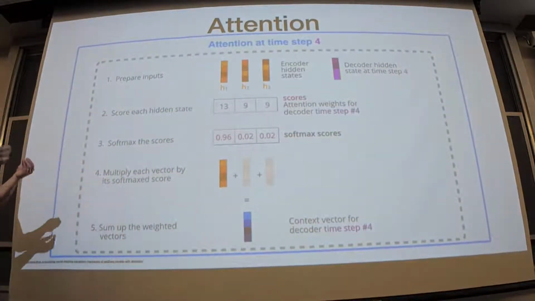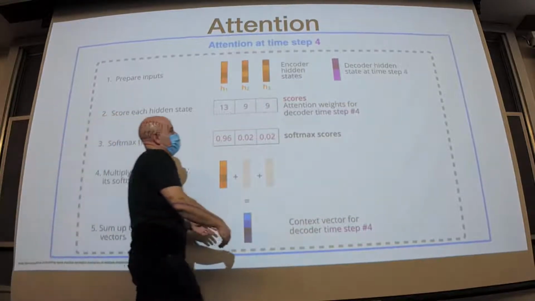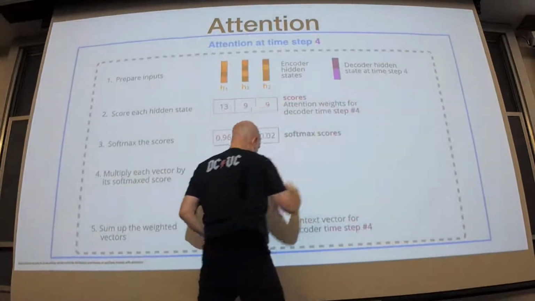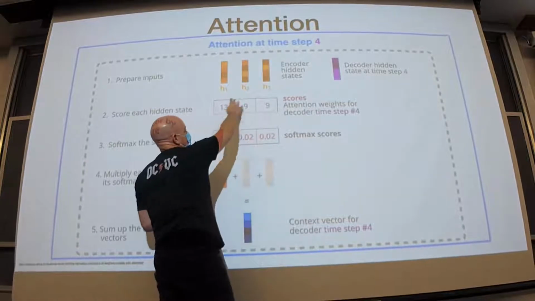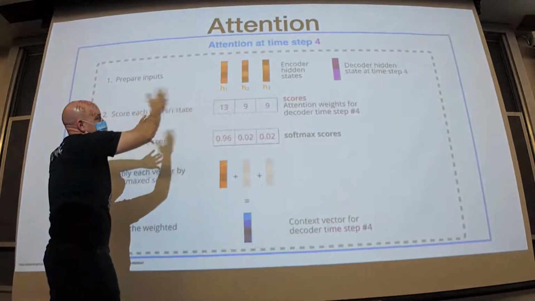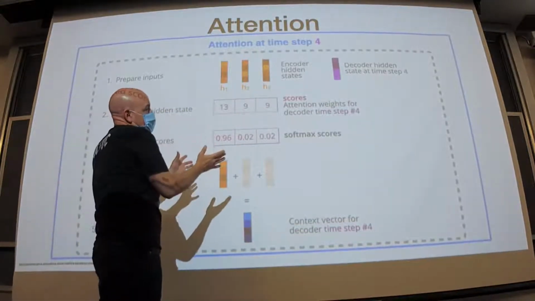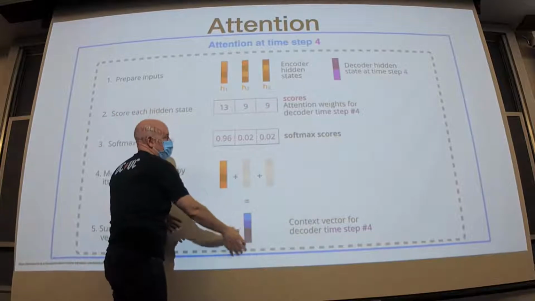So it adds one little adjustment. It could be that we get the same vector out again if all the encoder hidden states look a certain way, but in general you're going to get something different.